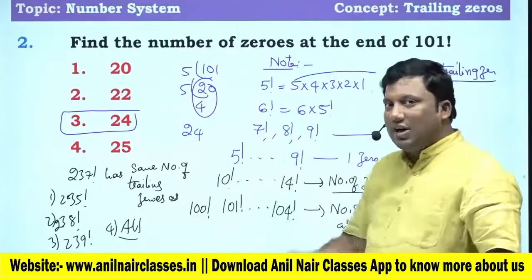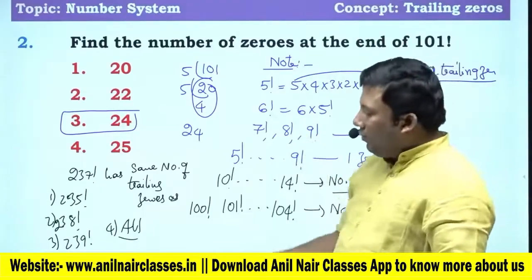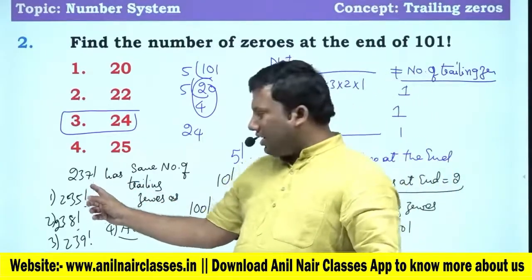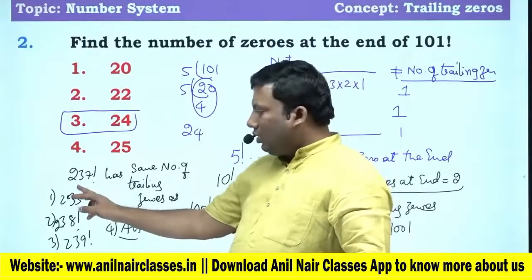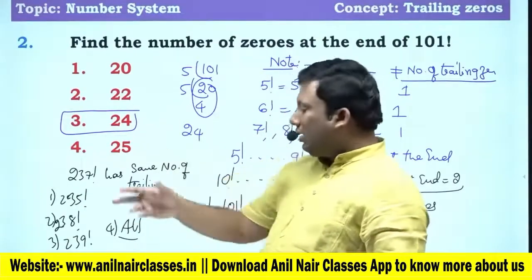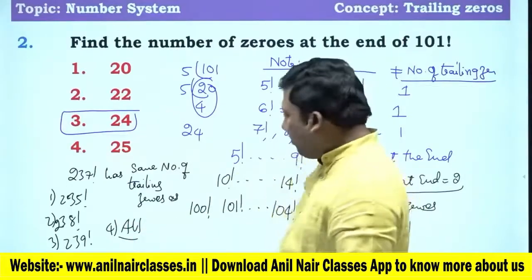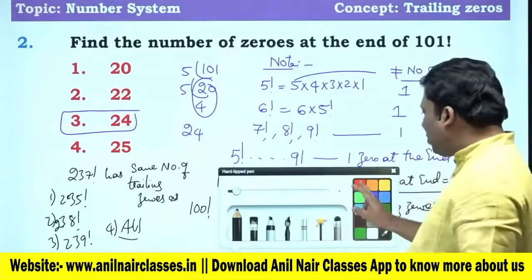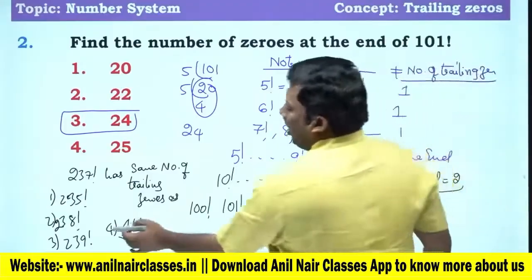What will be the answer? 237 factorial, what is the multiple of 5 just less than 237? 235 factorial. From 235 factorial till 239 factorial, the number of zeros will be the same. So the answer for this question is all of this.